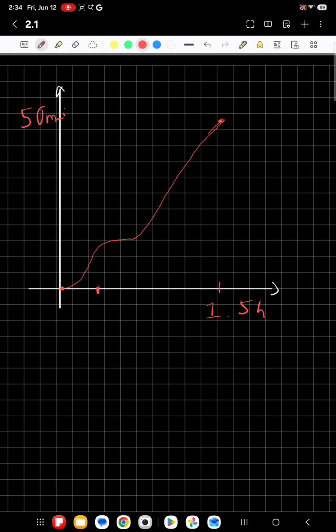This was maybe 10 or 12 minutes after you started, and this point would be here. We could figure out what that is, something like 6 miles.